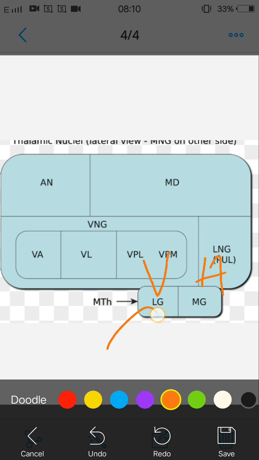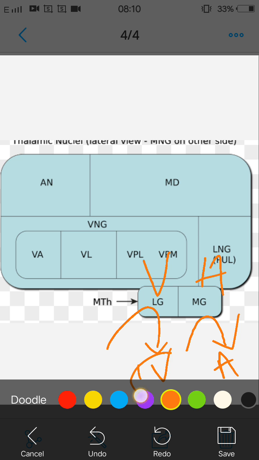Input and output is very easy if you know the tracts of the visual and auditory systems. Auditory system, where does it end? The output goes to the primary auditory area, and the visual system output goes to the primary visual cortex.